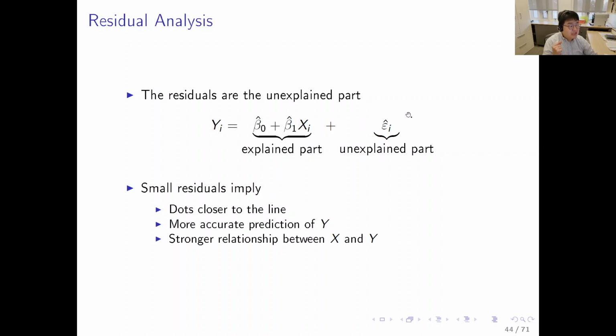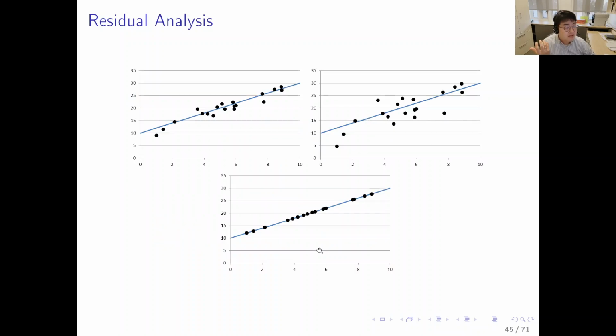So if the unexplained part is small, then on the scatter plot, the observations will be closer to the trend line, fitted line, and also your prediction of y will be more accurate, and in the correlation coefficient, the relationship between x and y is stronger, right? So graphically, this is a better prediction than this one.